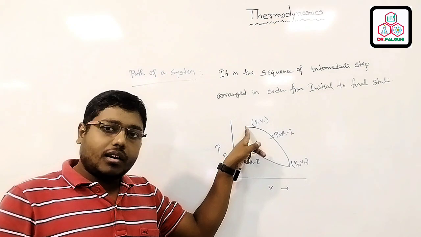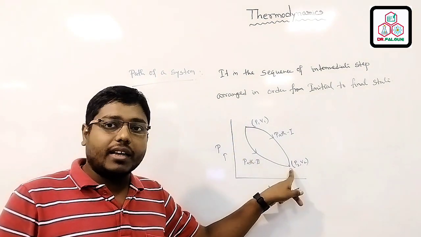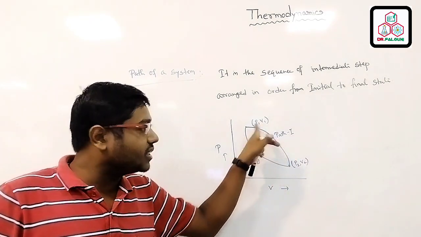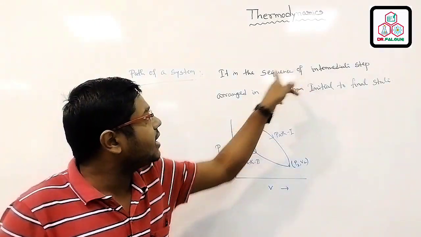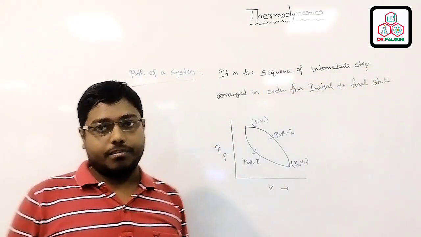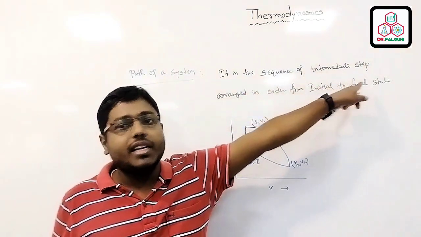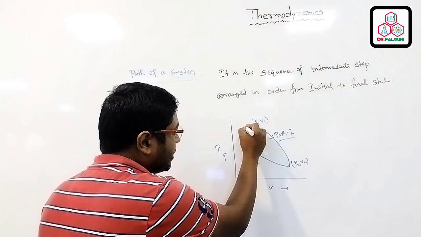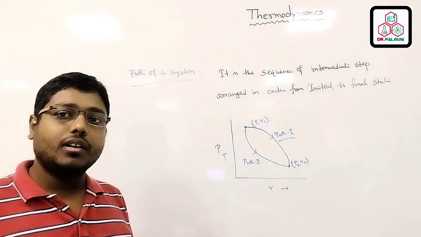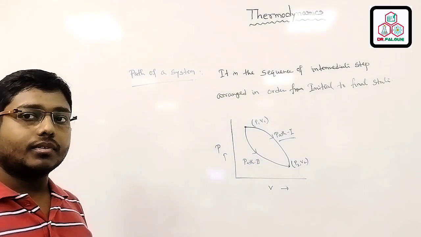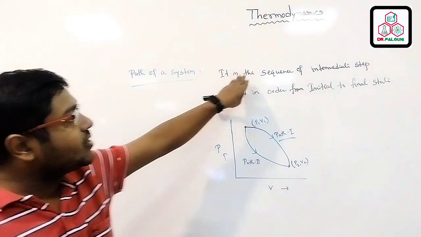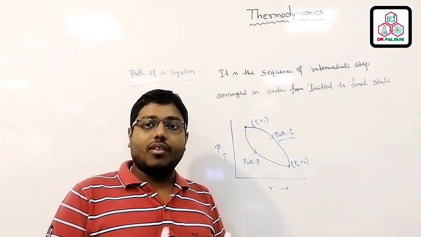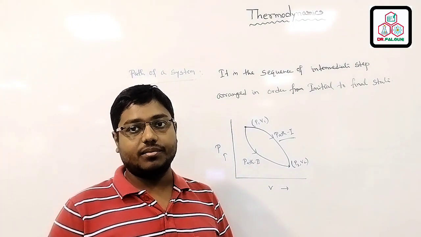Each is a sequence of intermediate steps. So path is the sequence of intermediate steps of a system arranged in order from the initial state to the final state, right?